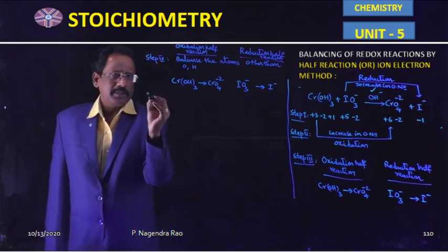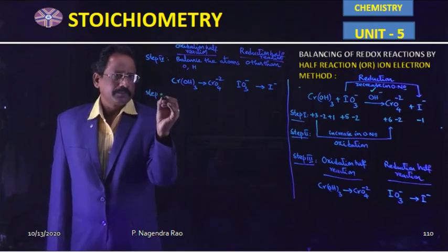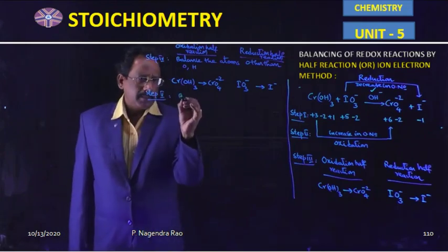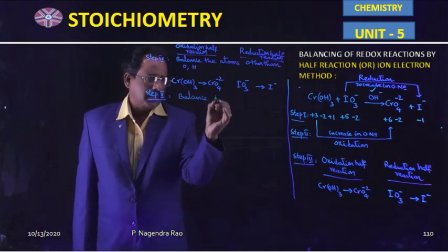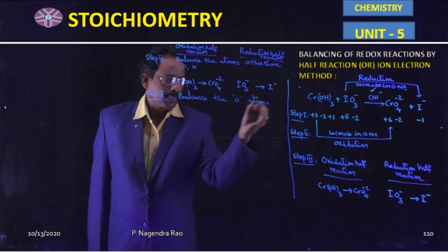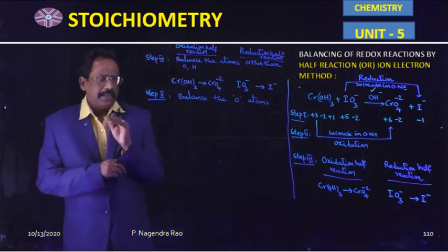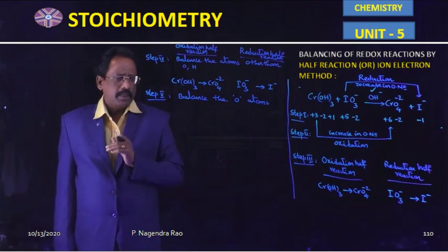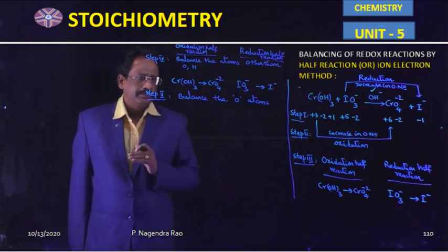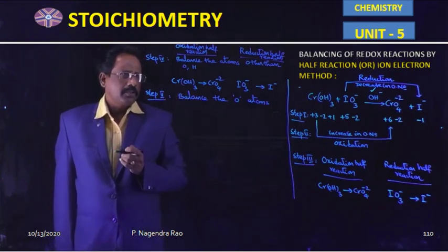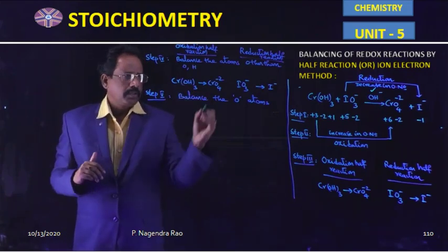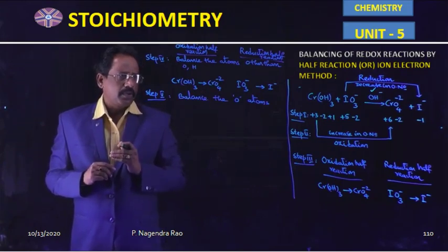Now, next step is balance the oxygen atoms. Balance the oxygen atoms by adding the required number of OH minus ions in the deficient side. In this oxidation half reaction, in the reactant side, oxygen number is 3. In the product side, oxygen number is 4.